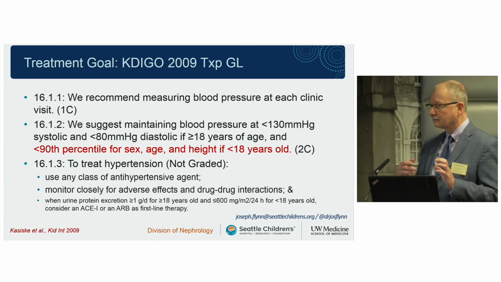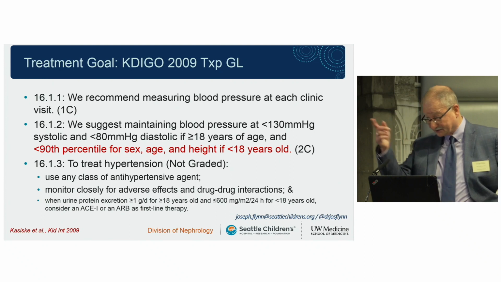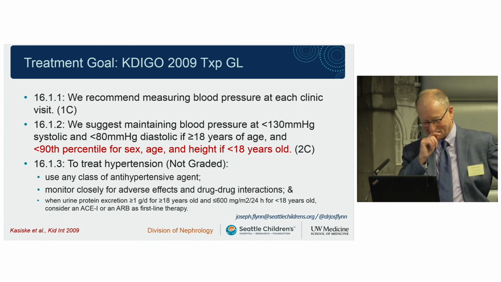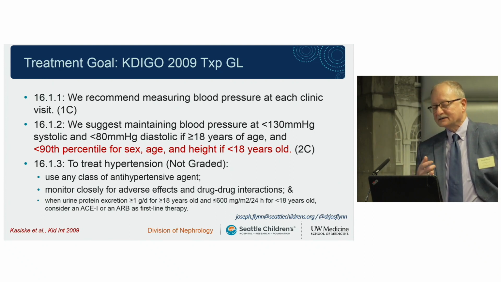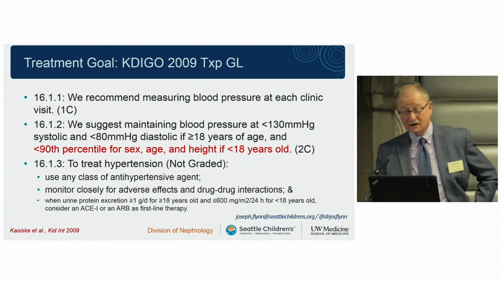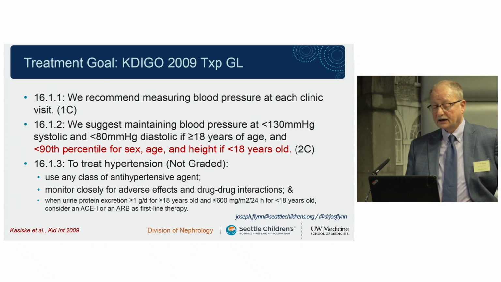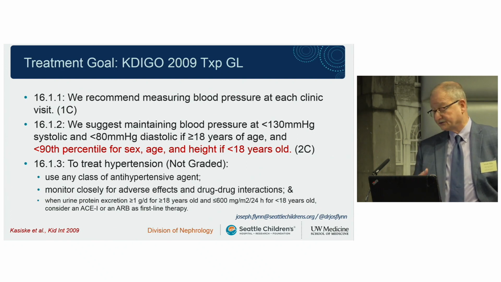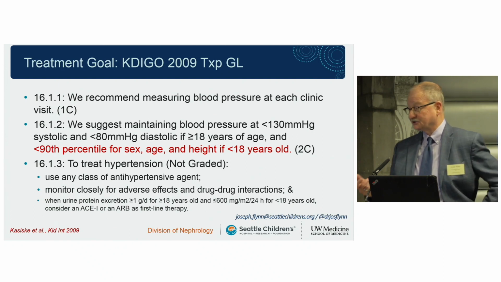All right, what about treatment goal? I was asked about this by my friend there. So I went to look at guidelines for treatment goals. And so KDIGO in its transplant guideline actually had a goal, which I was really surprised. And they had a goal for children.